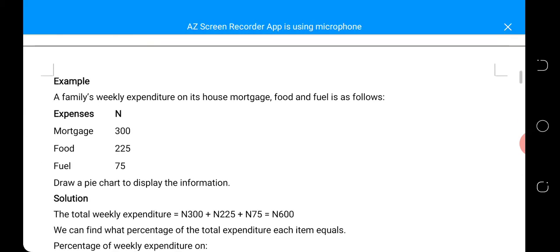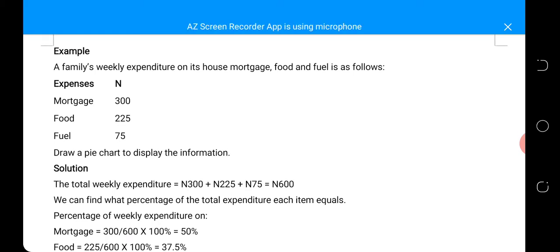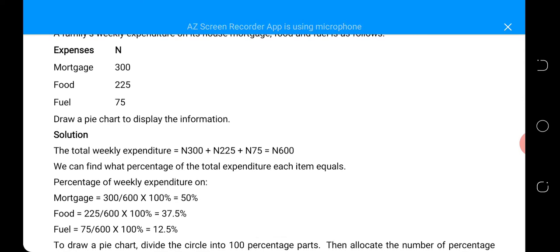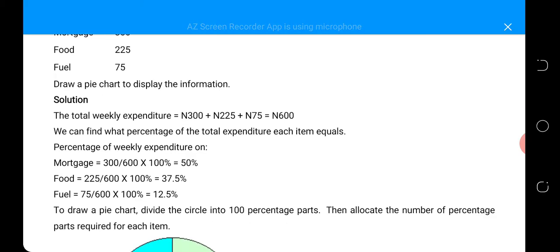For example, a family's weekly expenditure on its house mortgage, food, and fuel is as follows. The amount spent on mortgage is 300 naira. The amount spent on food is 225 naira. The amount spent on fuel is 75 naira. We are required to draw a pie chart to display this information.